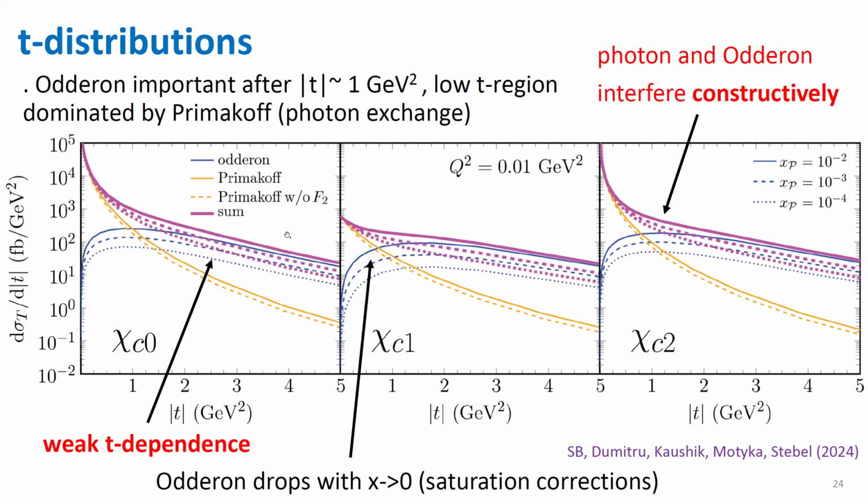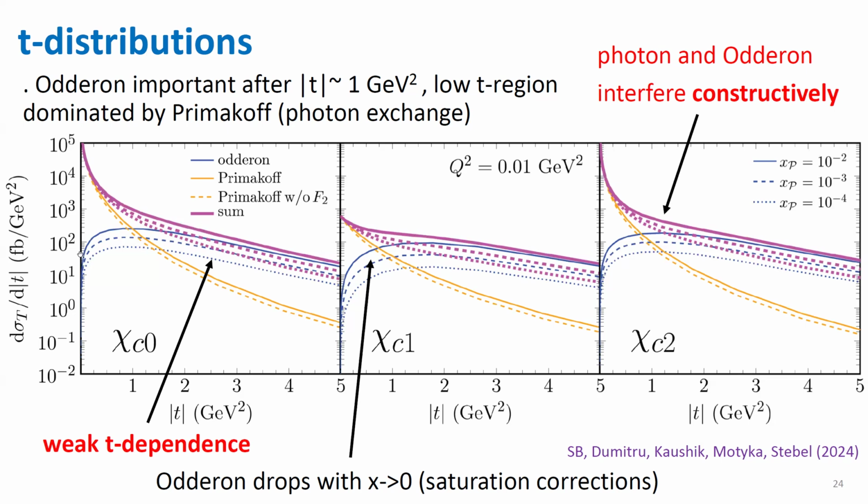And in our computation, based on the microscopic model of the Odderon, we find that these two amplitudes interfere constructively. And then this summed cross-section is above the Primakoff background. So the message of this plot is that, to find the Odderon in this channel, we should look at the moderate to high t range.